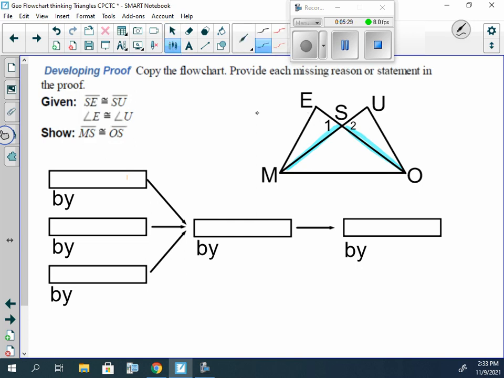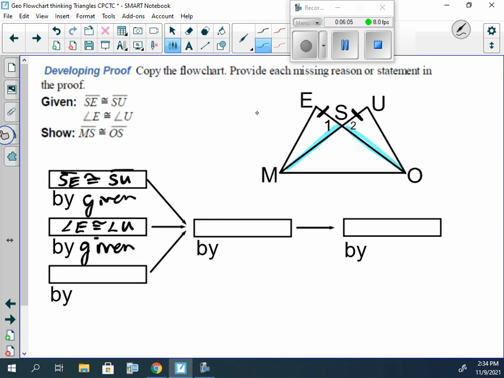Let's start with the given information. SE is congruent to SU. Well, that's just our given. SE and SU, those two lines are going to be congruent because it told us so. What else did it tell us? Angle E and angle U are congruent. Well, that is just our given information, yes?